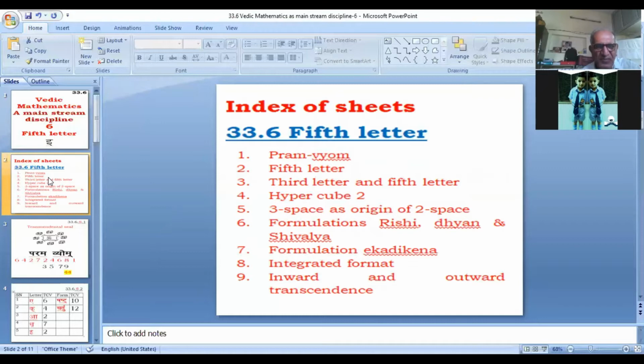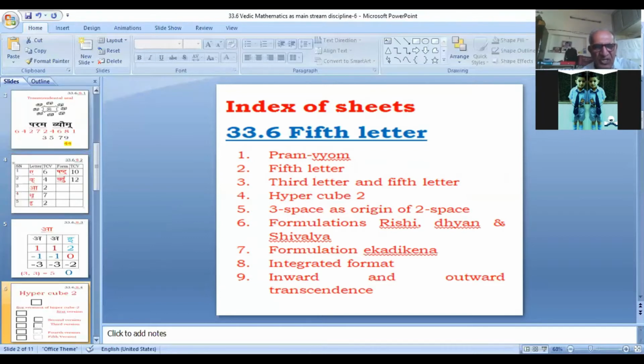The first step will be that we shall have a clear glimpse and a proper appreciation of param vyom, the transcendental space, the space of the 5-space setup. 5 space is a transcendental space. It becomes a param vyom, the fifth letter being fifth as such attracts and avails the values of number 5.